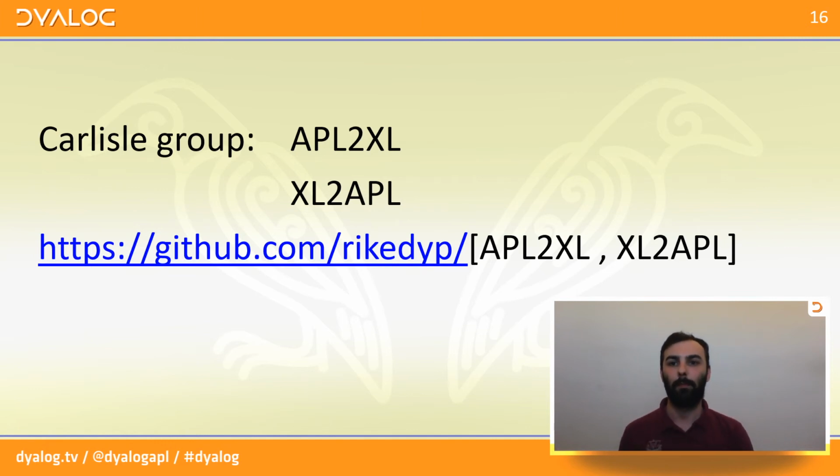So yes, to recap, APL to Excel and Excel to APL are, as of now, on this second repository, that's RIKEDYP, they have some updates which allow the tools to be used cross-platform. So that's macOS, Windows, or Linux.